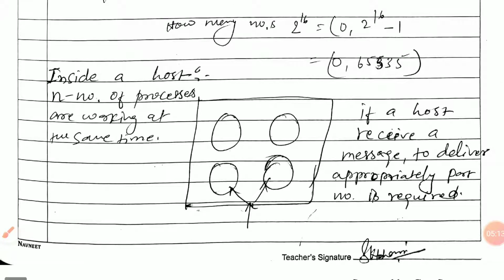At the sender side, multiple processes may want to communicate with another process. In that case it is multiplexing, meaning many to one. At the receiver side, data is transferred to multiple processes, that is one to many. Inside a host, n number of processes are working at the same time, and if a host receives a message, port number is required to deliver it appropriately. That is why the port number is useful for end-to-end or process-to-process delivery.